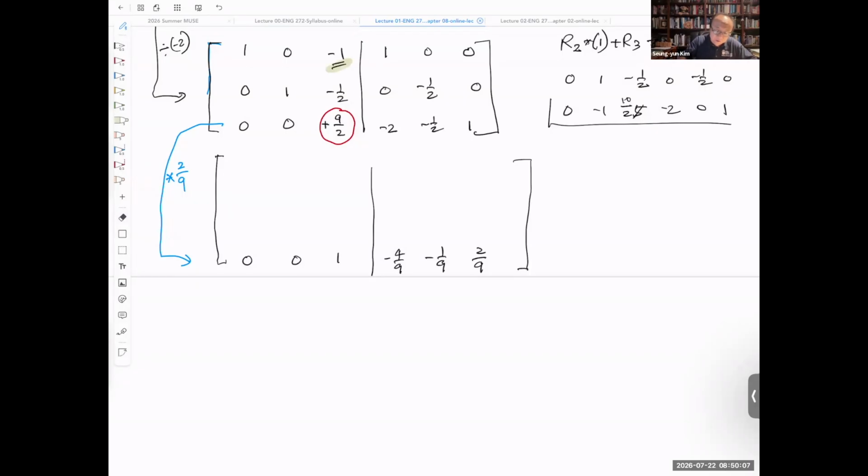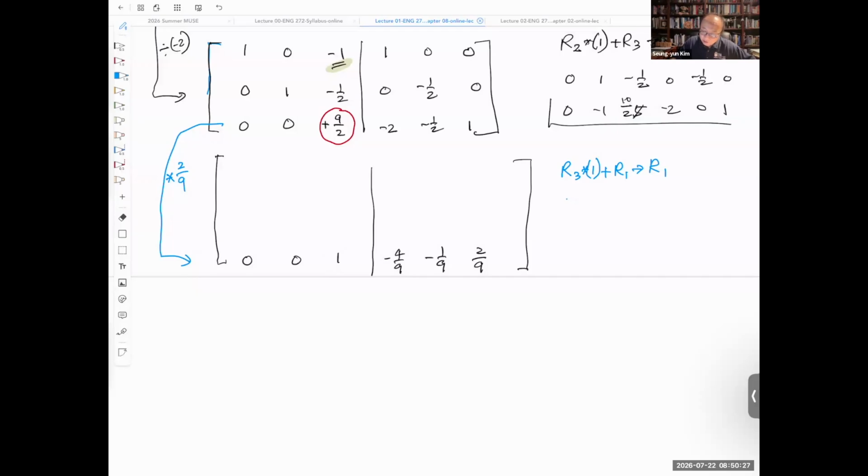Now we need to work on this one. To make this 0, we need to use R3 times this. We have a positive 1, so we don't have to do anything, I just put the 1 there, and then add to R1, put it back in R1.